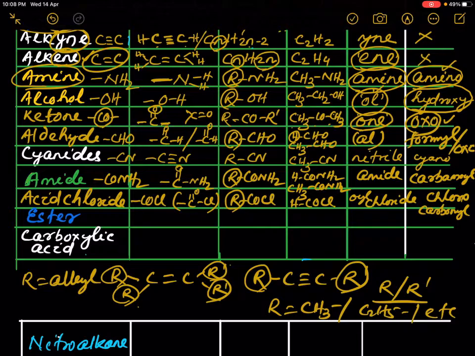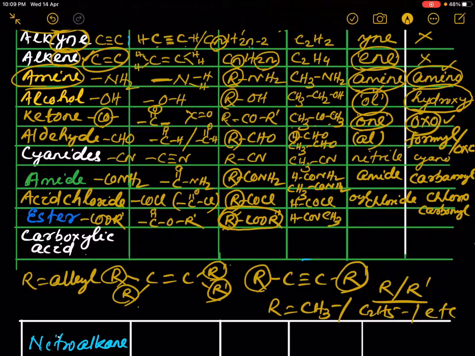For ester, the functional group is COOR. In expanded form, it can be written C double bond O, OR. General formula RCOOR. RCOOR is an ester. Here R and this R may be same or different, so you can write R and R prime, no problem. Here R can be H, CH3, C2H5, HCOOCH3.